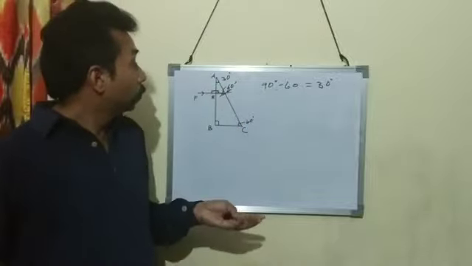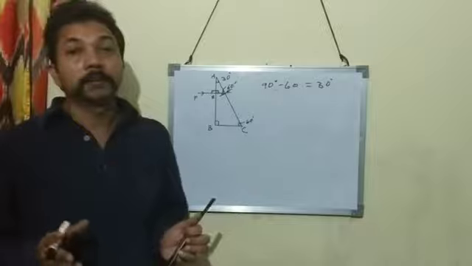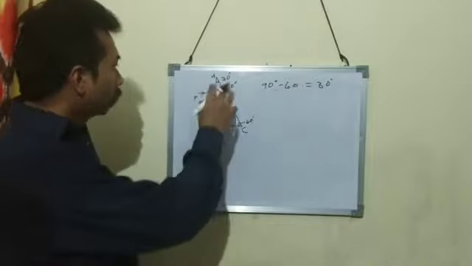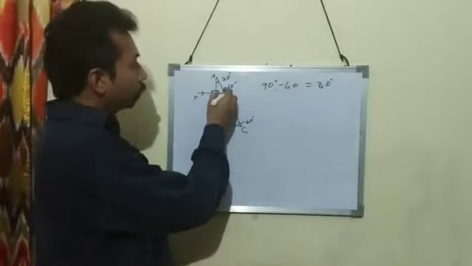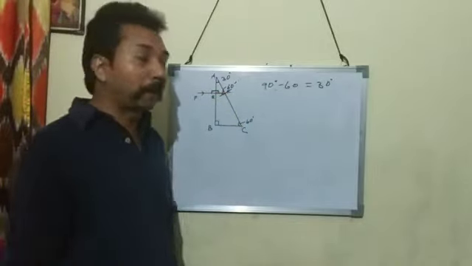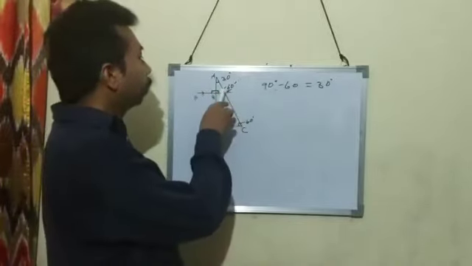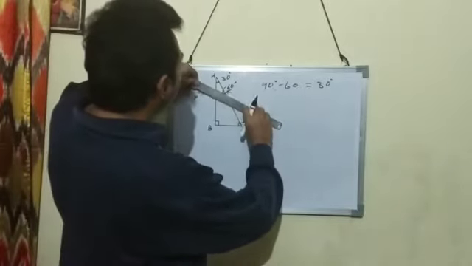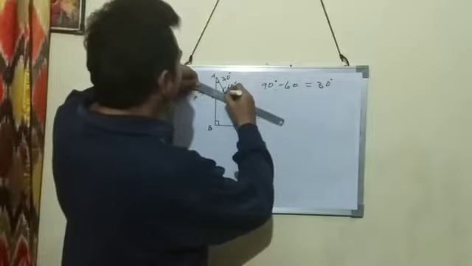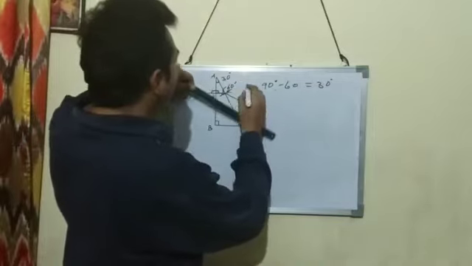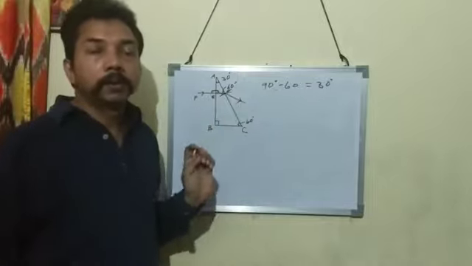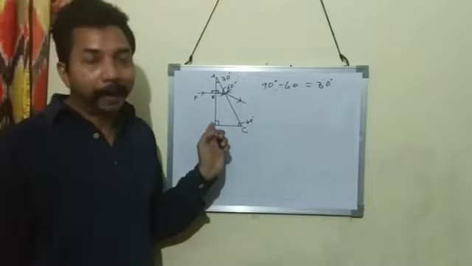Now which phenomenon will take place on surface AC? The phenomenon which takes place on surface AC is refraction. The ray of light comes from a denser to a rarer medium, so the ray of light which emerges out moves away from the normal. So this is the complete ray diagram.